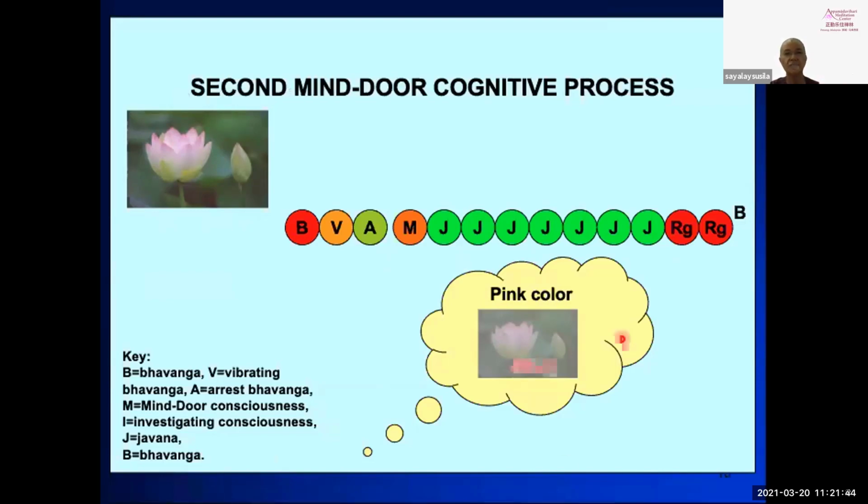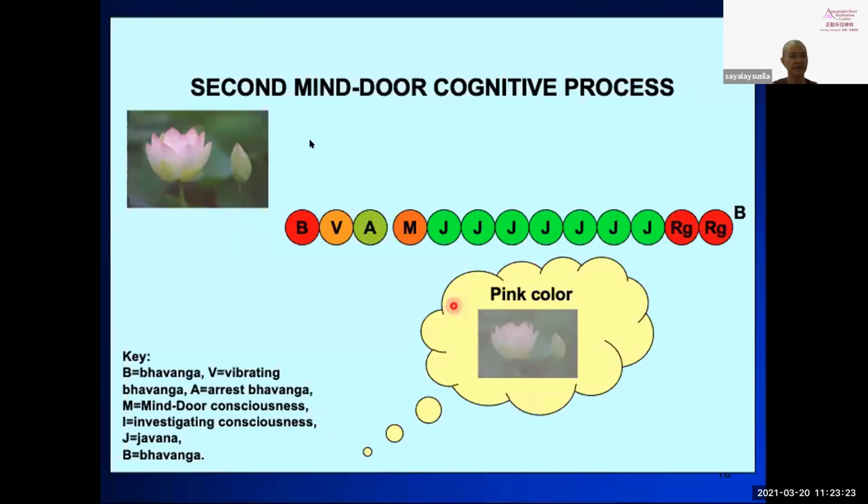So we go to the second mind door cognitive process. It emerges from the bhavanga, from the passive consciousness of bhavanga again. Then bhavanga vibrates, then is arrested. Then mind door averting consciousness turns to the past object. Now since it's the second mind door, the 7 javana start to know the color of the object.